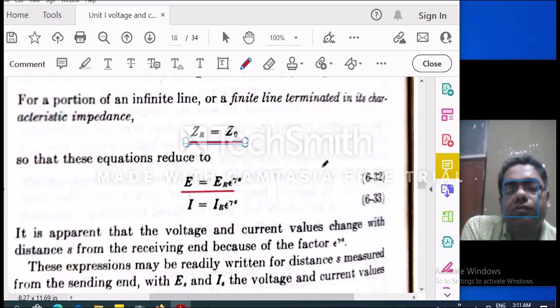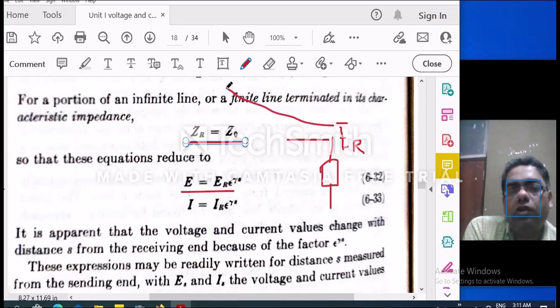At the load end you have the value ER, because ER is the voltage at the load end. If you go away, the voltage will keep on increasing. Obviously from the source end the voltage will be more. As we go towards the load, the voltage will keep on diminishing. The only point to be noted is that s is the distance from the load end.